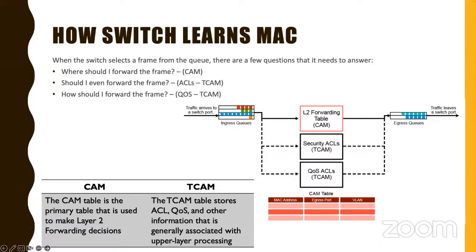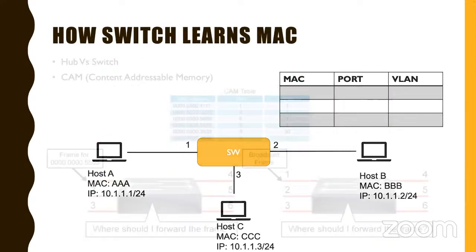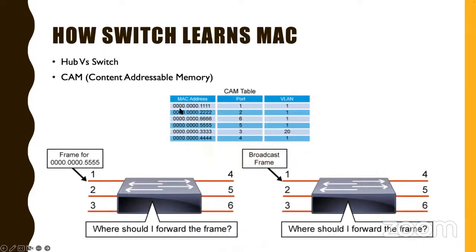When we are matching a MAC, it should be matched completely. While matching this source MAC or destination MAC, the complete MAC should match what is in our CAM table.